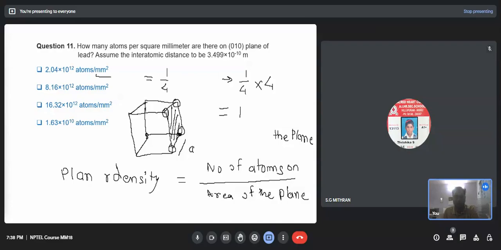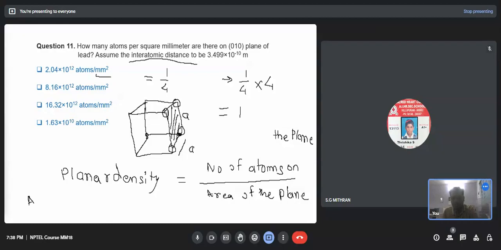The area of the plane we can find using this atomic distance a. For that, the area is a square because it is a simple cubic lattice.